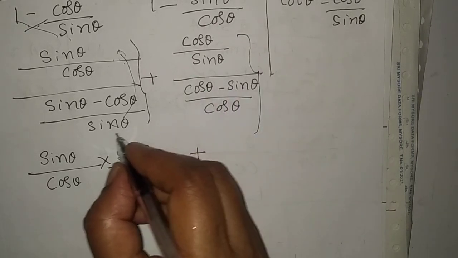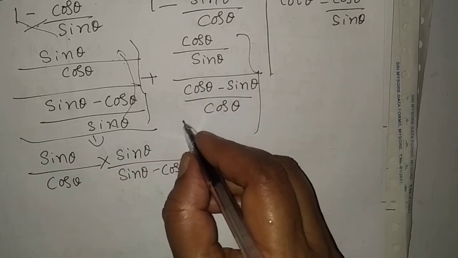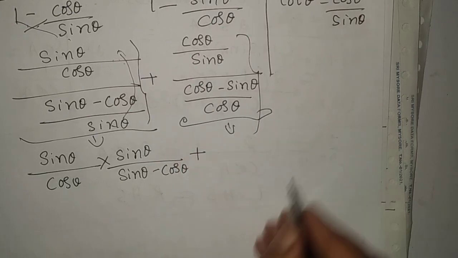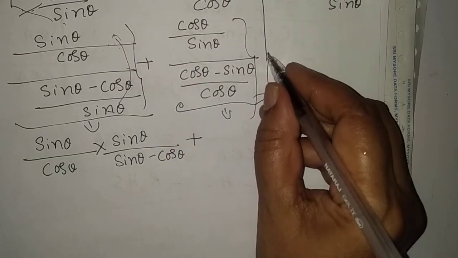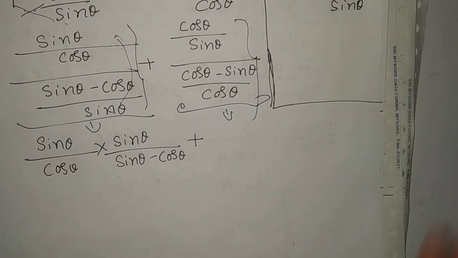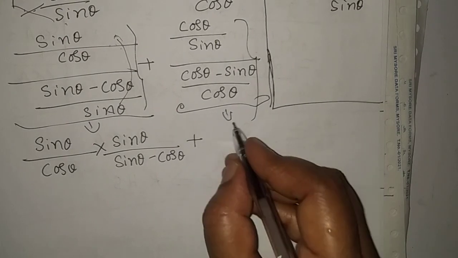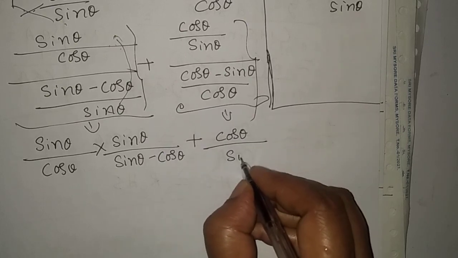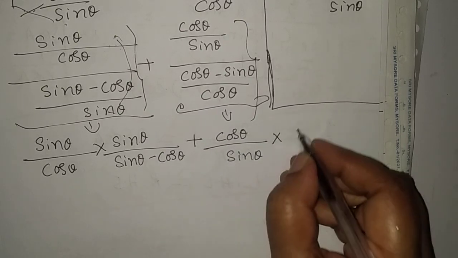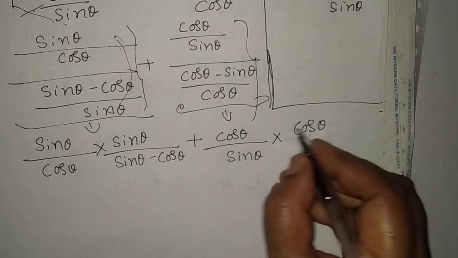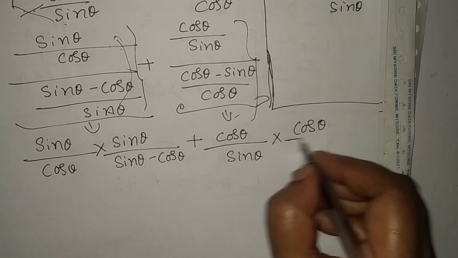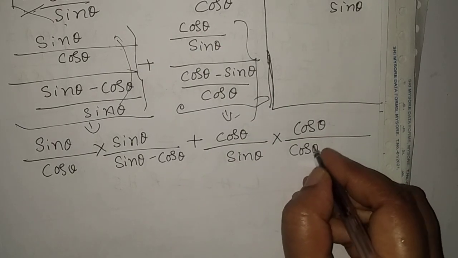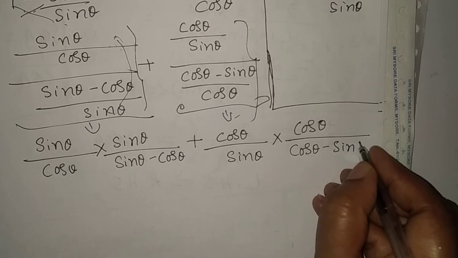Similarly this side, I will take this whole thing. Cos theta by sin theta into, again cos theta goes to the numerator, by cos theta minus sin theta.